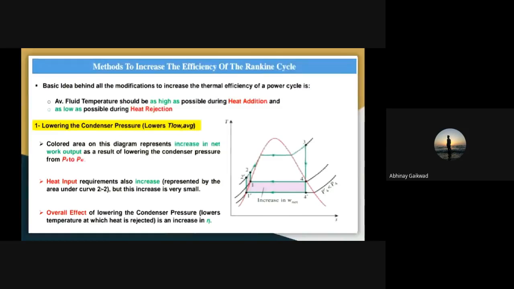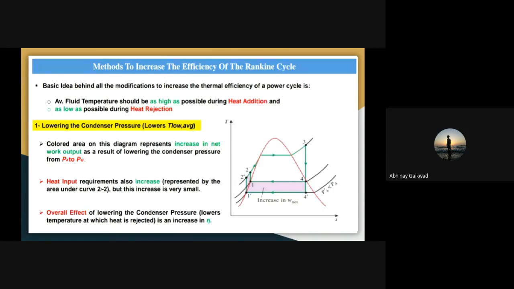Therefore, by lowering the operating pressure of the condenser, automatically it will lower the temperature of the steam, and thus the temperature at which heat is rejected is going to decrease. Correct? Because in the condenser we are rejecting the heat.